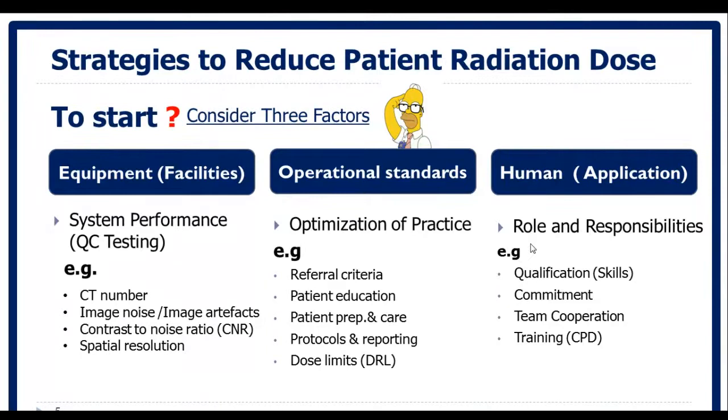For example, for the equipment, we need to consider the system performance by quality control testing. This is just an example of possible quality control test procedures that can be performed to make sure that everything is working well.